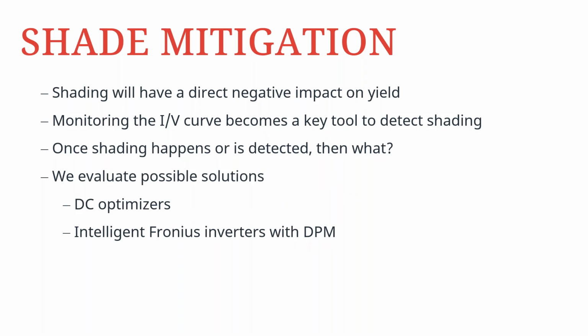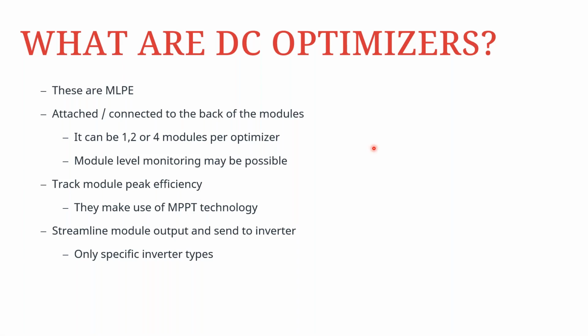Looking at the dynamic DC optimizers, as mentioned already by Cyprian, these are module level power electronics. In terms of the configuration, you can have either 1 or 2 modules or even up to 4 modules per optimizer. There is a slight advantage in that module level monitoring is possible.